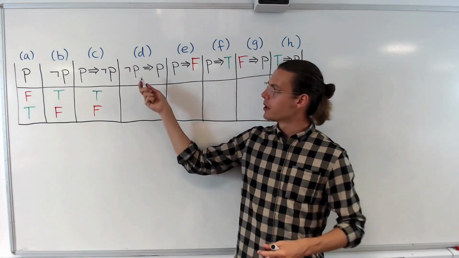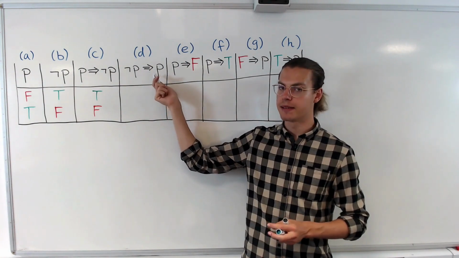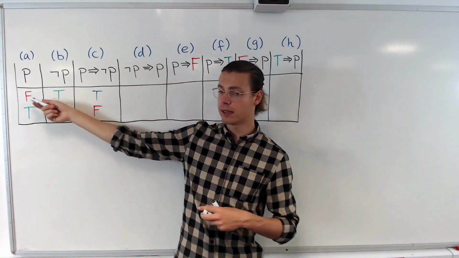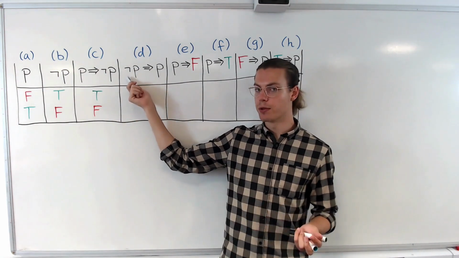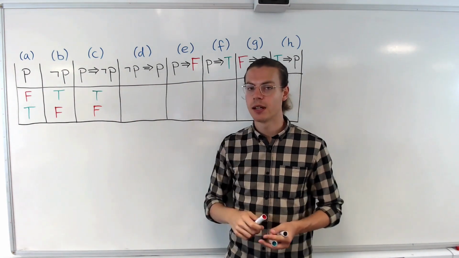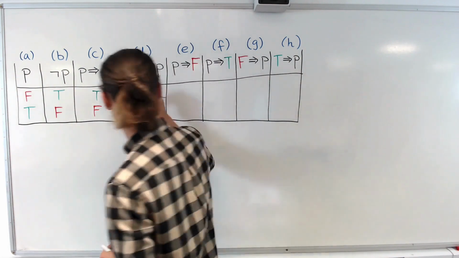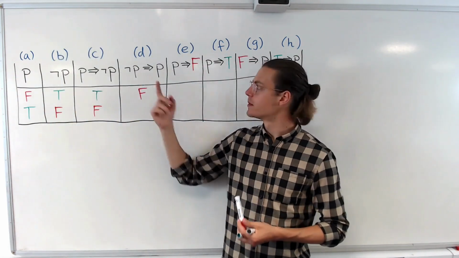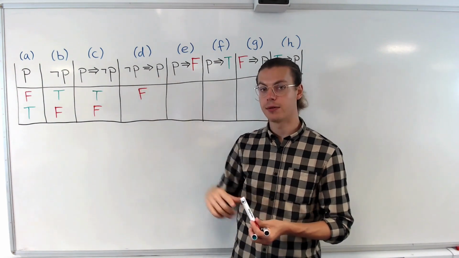Next up, not P implies P. So first of all, if P is false, then we get true implies false, which is false. And if P is true, we get false implies true, which is true.